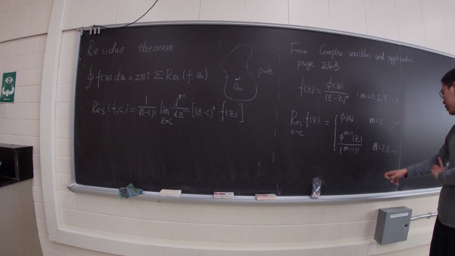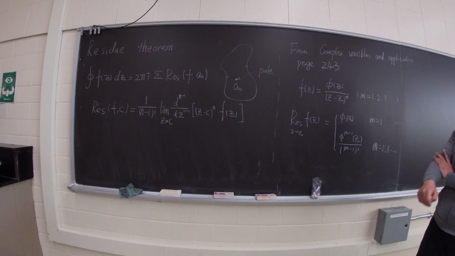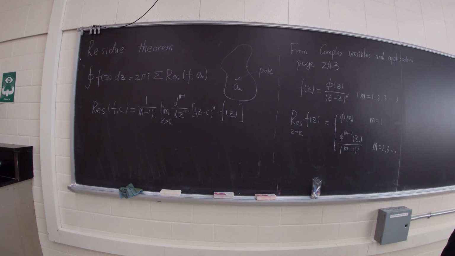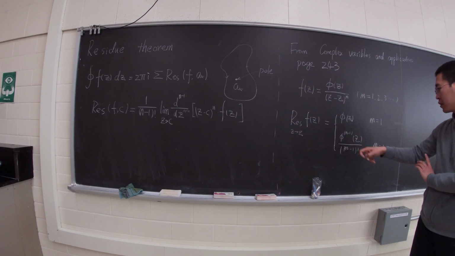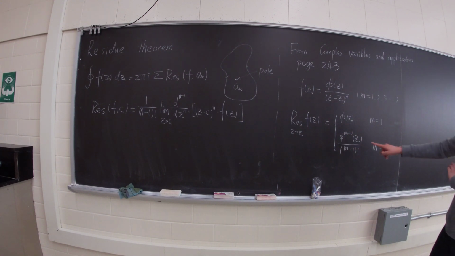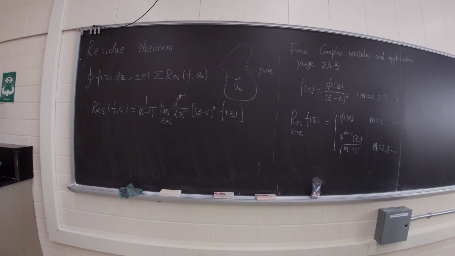For m equals 2 and higher, it is the (m minus 1)th derivative of phi at z naught, over (m minus 1) factorial.